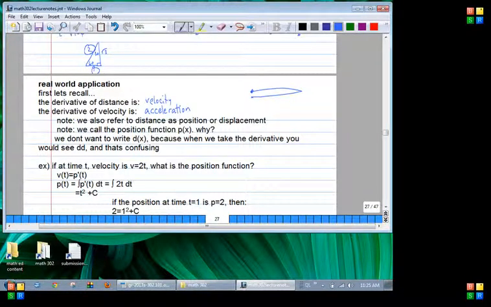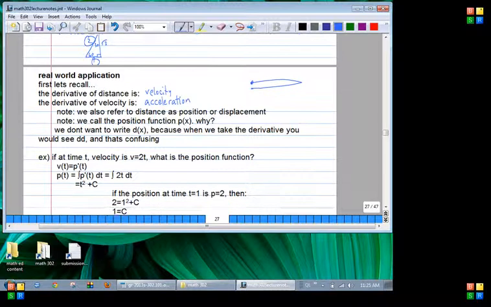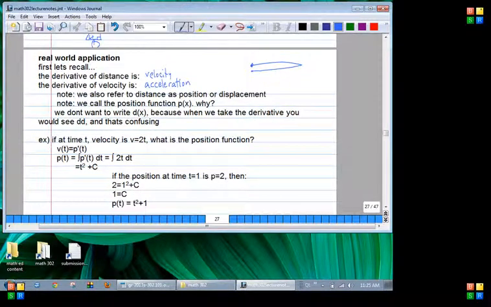You plug it in and you solve for what c is. c is 1. Therefore, we write down our final answer: p of t is t squared plus 1. So this is a case where instead of just asking about p prime and p, I can actually ask in terms of a real-world context, in this case, position and velocity.